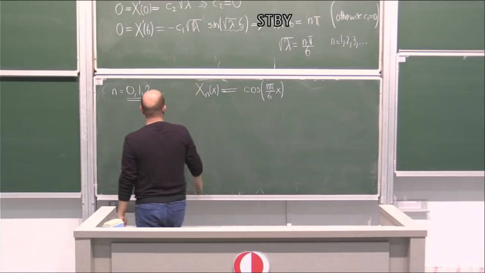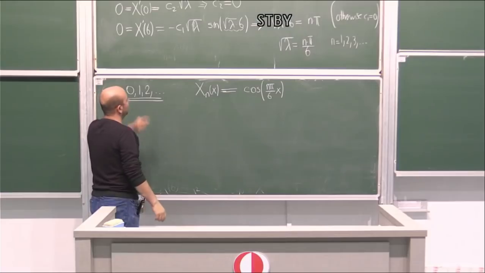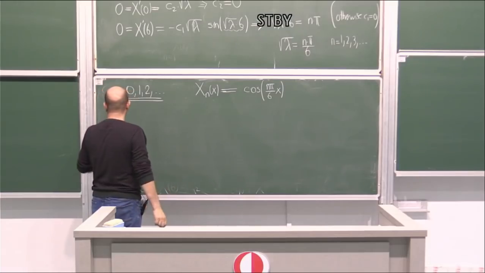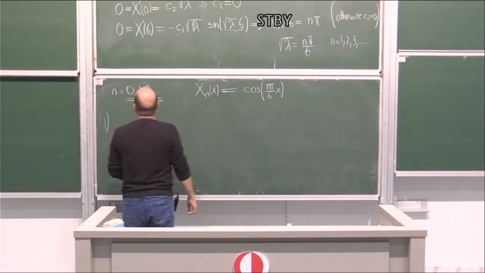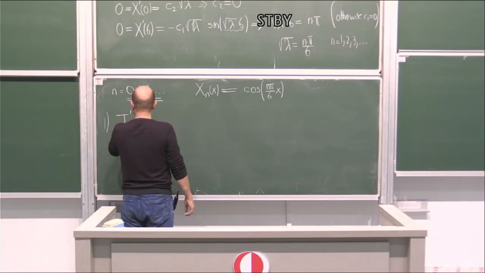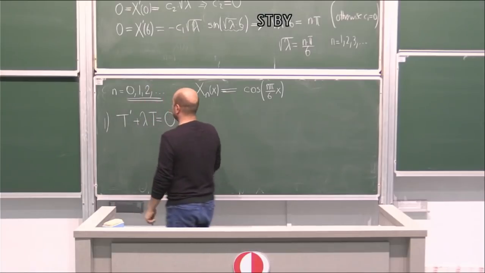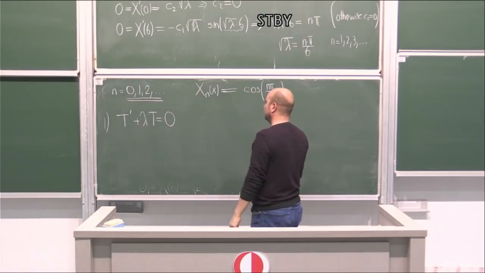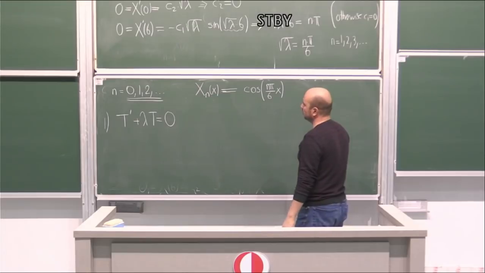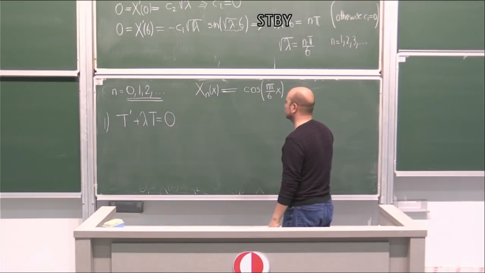So how about now for the T_n's? Now, if you look at the T equation, we had T prime plus lambda T equal to 0. This was again the same equation as we saw in the heat equation with homogeneous conditions.